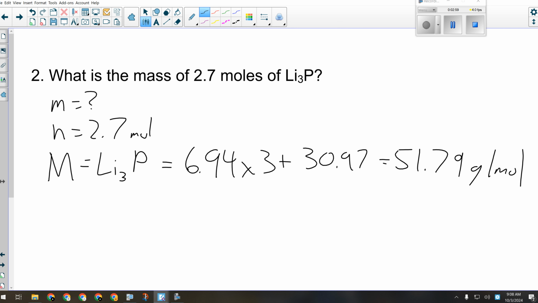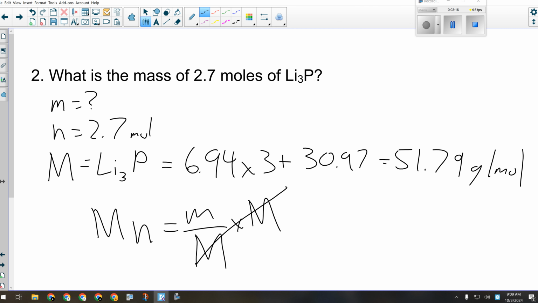So looking for little m means I will have to manipulate the equation. What do I do? Multiply both sides by big M, right? So that's going to cancel that, and big M is going to come over here.